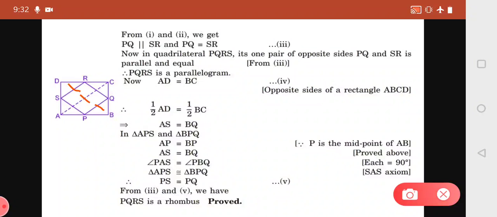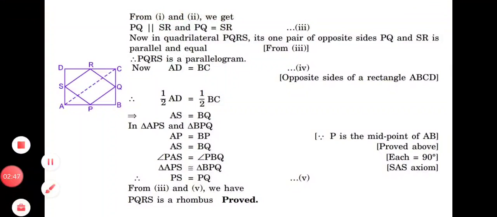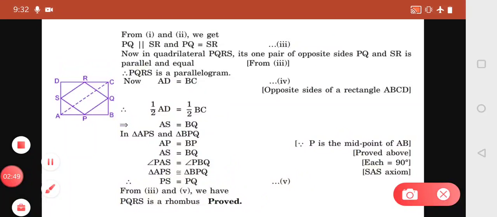So we will get PQ equal to SR. Now, in quadrilateral PQRS, as we have joined the midpoints of the rectangle, one pair of opposite sides PQ and SR is parallel and equal. Now, from 3 we can see that PQ is parallel to SR and PQ equal to SR. Therefore, PQRS is a parallelogram.